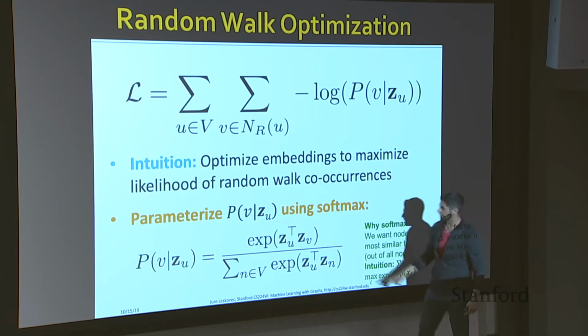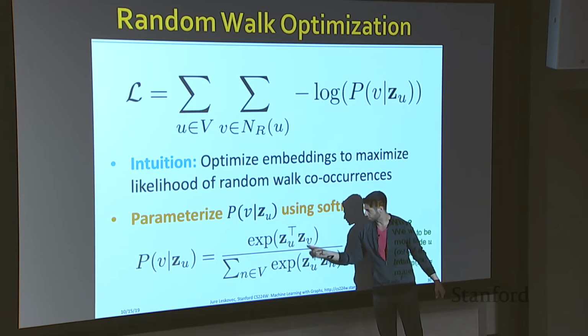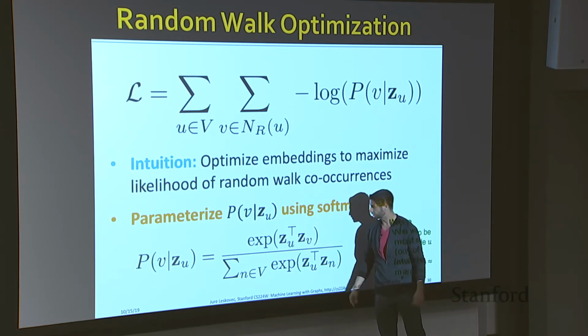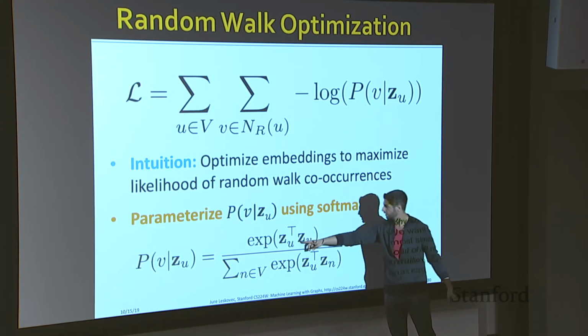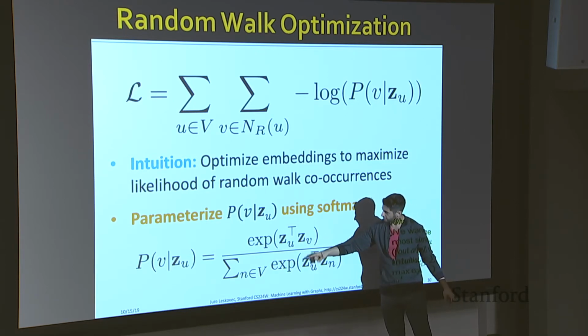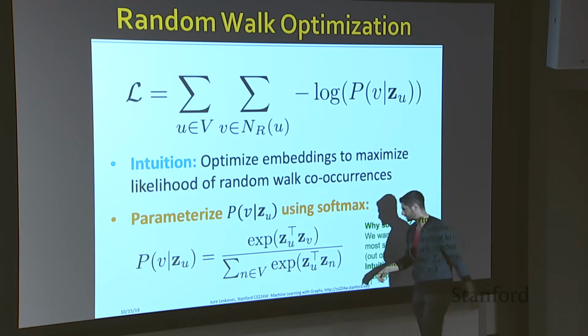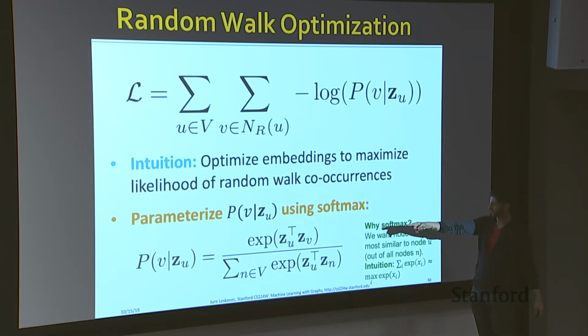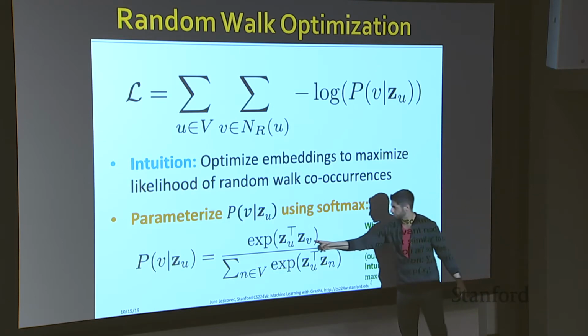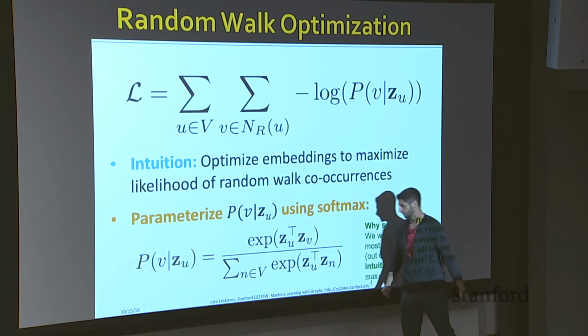When we take the exponential of the dot product between these two vectors, we get real values, and we want to turn these into a probability distribution. It tells us how likely it is that, starting from node U, the representation of node V is close to it.